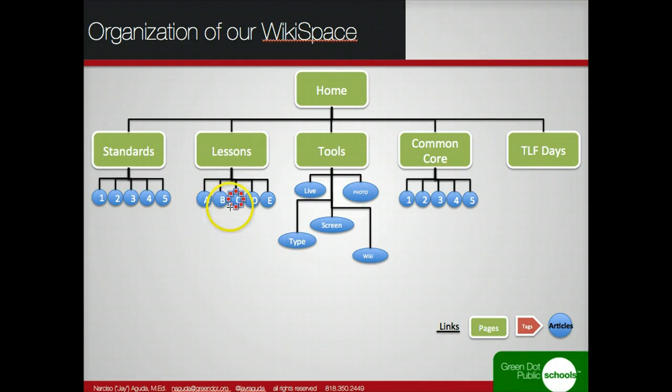Let's say my lesson A is going to be my ruler drop activity, which is basically using Microsoft Excel to generate graphs. Well, I know that this lesson is going to be tied to Standard 3, which includes some of our standards for Excel.